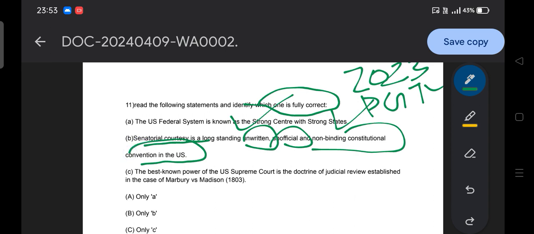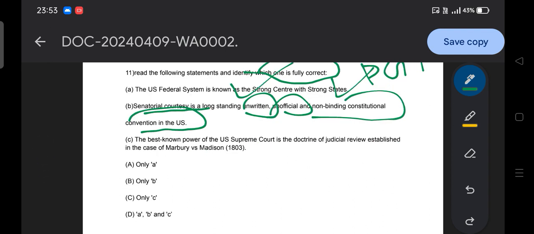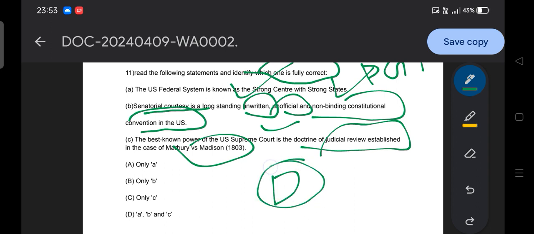So it is also correct. We will discuss senatorial courtesy; it's a feature of the USA. Okay, then the best known power of the USA Supreme Court, the doctrine of judicial review, was established in the case of Marbury versus Madison in 1803. We have already discussed that, and the answer to this question is obviously option D, all are correct.